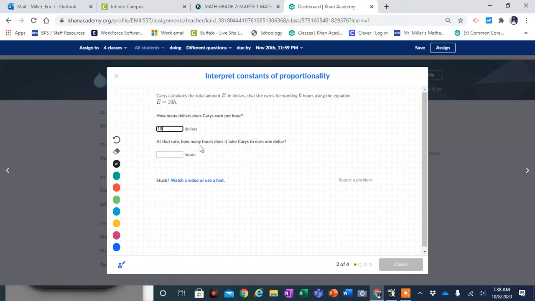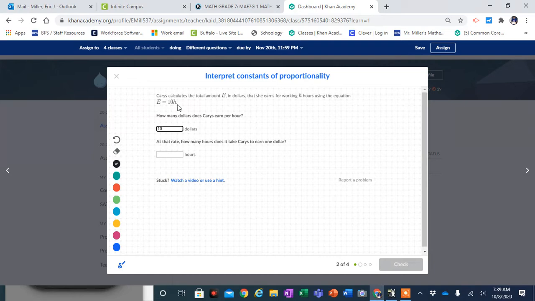At this rate, how many hours does it take Carrie to earn $1? So if she's earning $10 per hour and you want to earn $1, we would be replacing E with 1 because you want to earn 1.